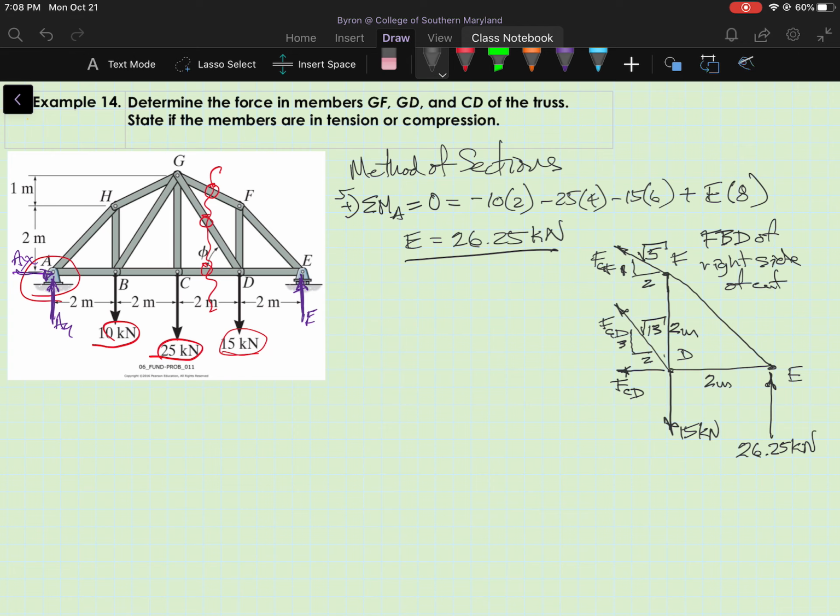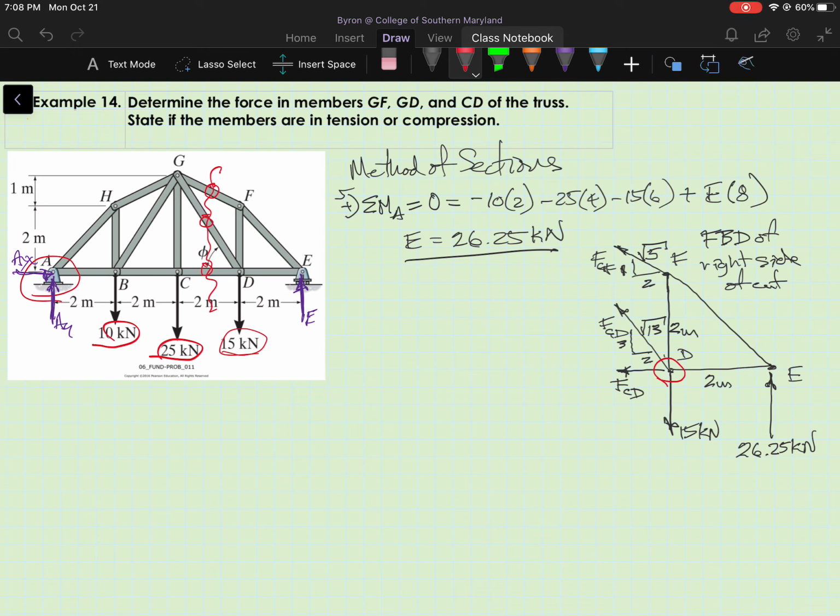in that equation. So let's look at where we could sum moments to pick off one of these unknowns. And notice that if we sum moments about D, the two unknowns acting at D will not be involved in that equation because they act through the point.